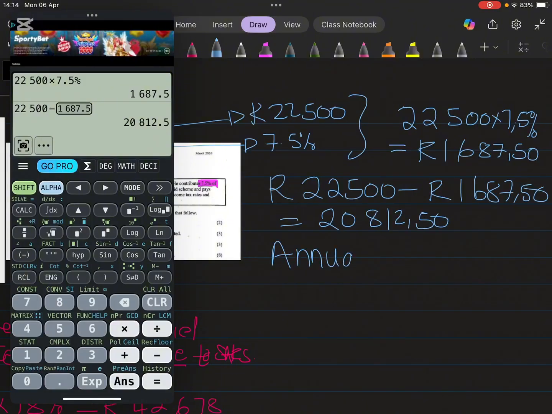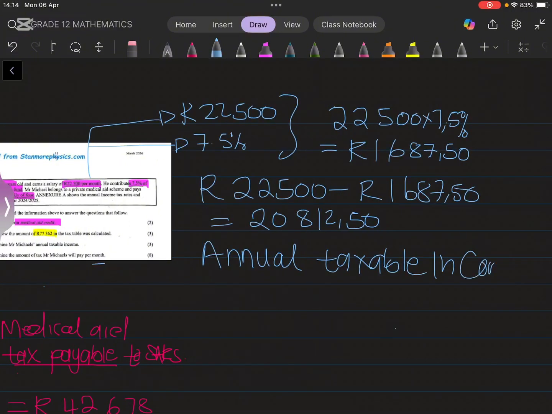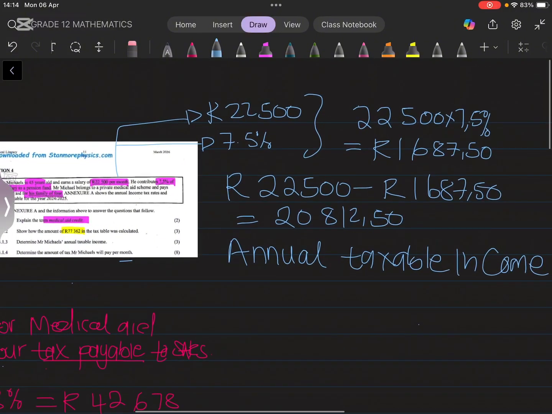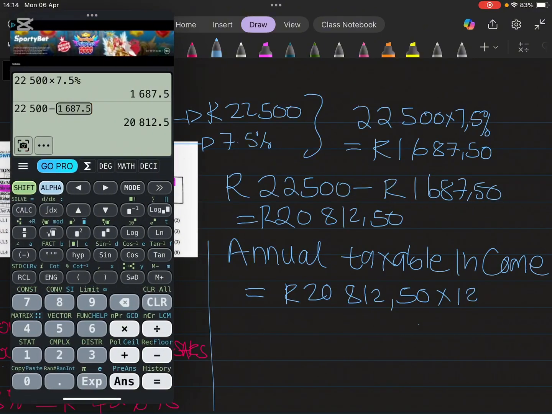Now his annual taxable income will be an amount of 20,812.50 multiplied by 12.